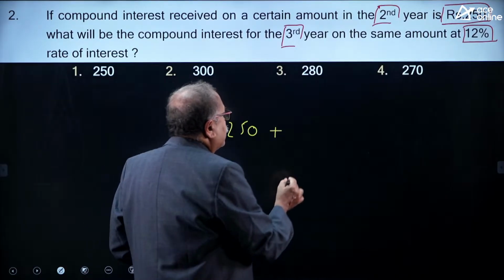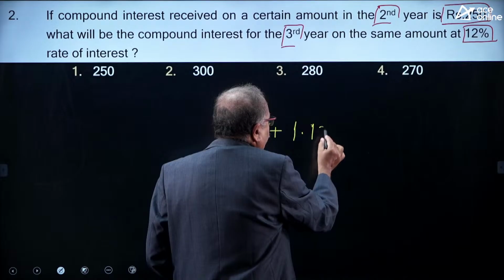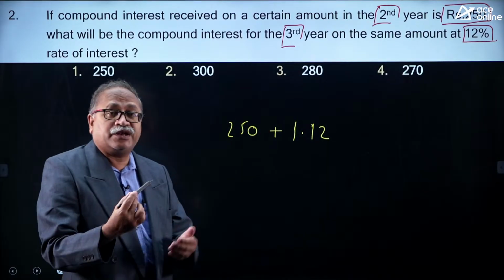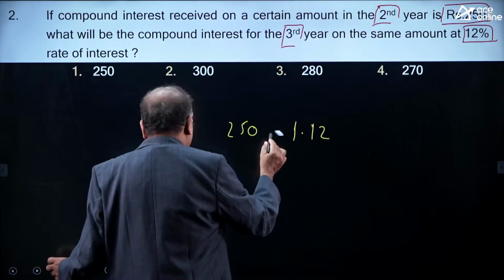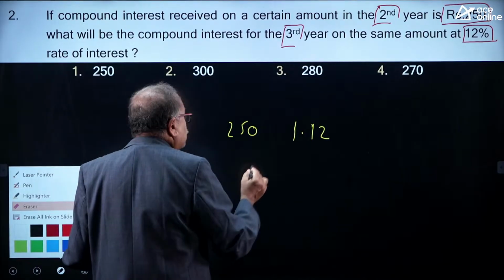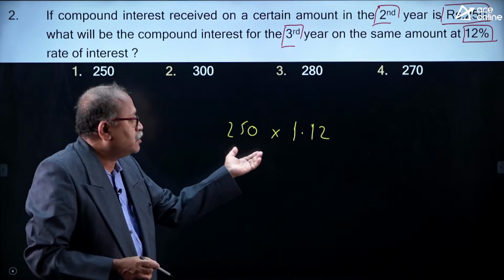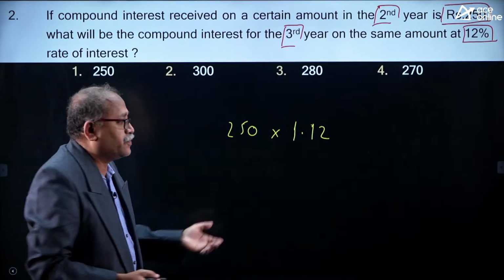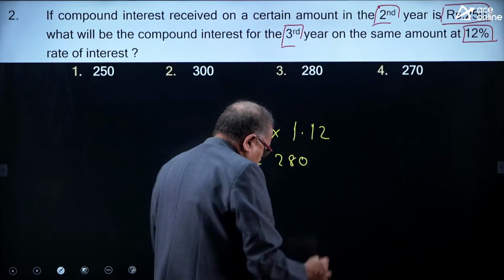So, instead of that I can directly multiply this by 1.12, that is 112%. Or else you can take directly 12% of this number and add to 2500, which in result comes 280.